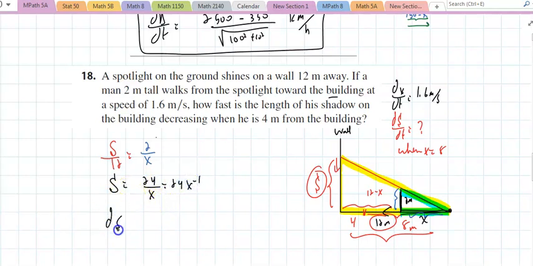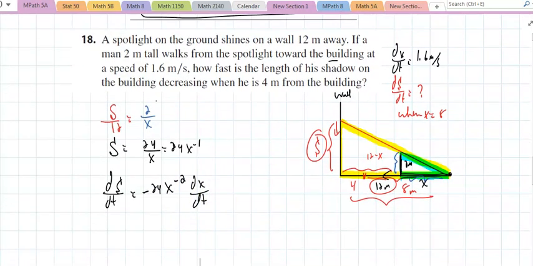And if I take a derivative with respect to t, this is how you could avoid the quotient rule. Bring the power down, subtract 1 from the power, dx/dt. So basically what we're getting, ds/dt equals negative 24 over x squared times dx/dt.